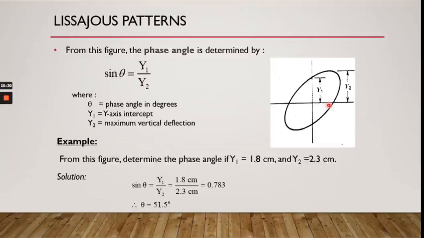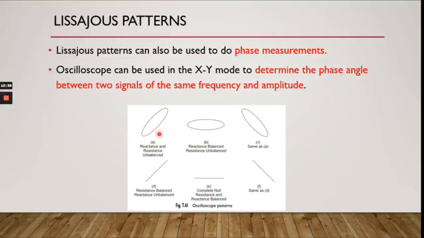So let's say you have the following figure. You have an ellipse and this ellipse is tilted towards the right. So if we go back here, when it's tilted towards the right, it is equivalent to figure A here, where the reactance and resistance are unbalanced, right?